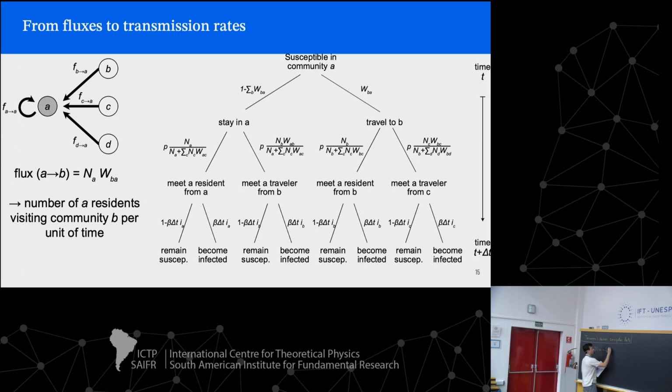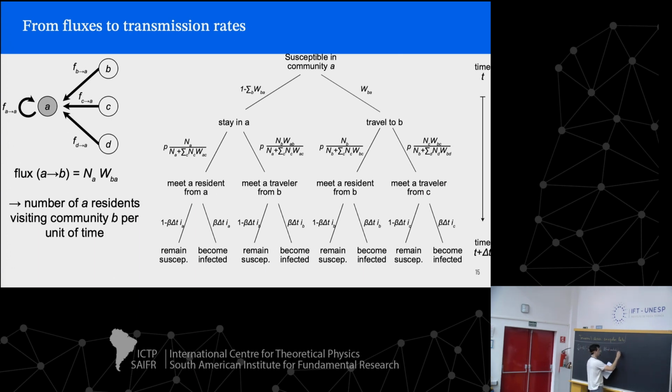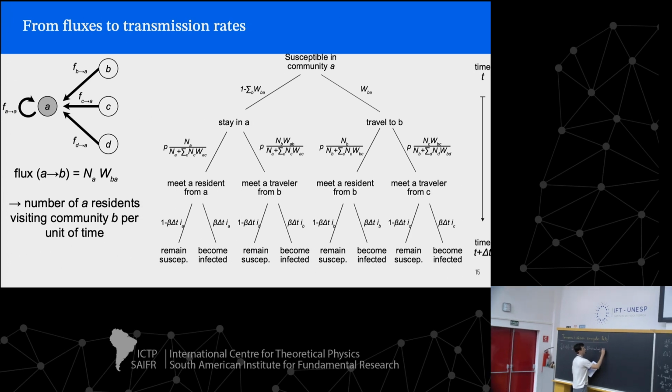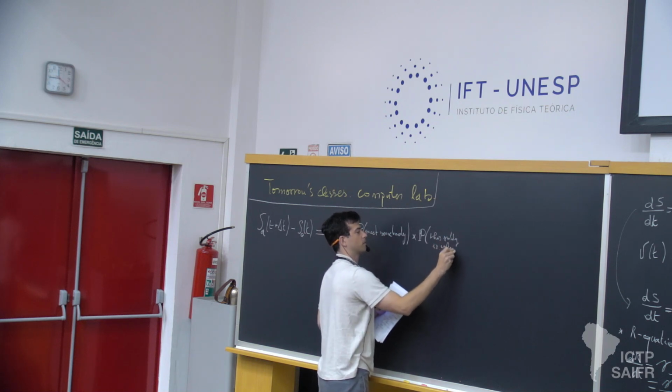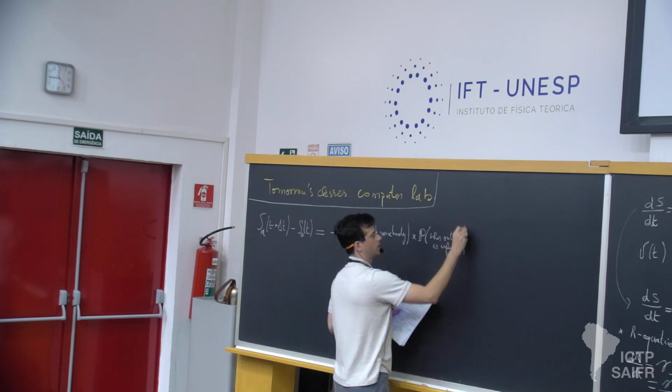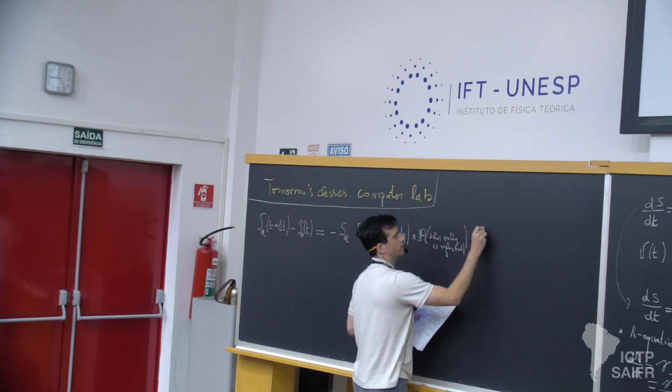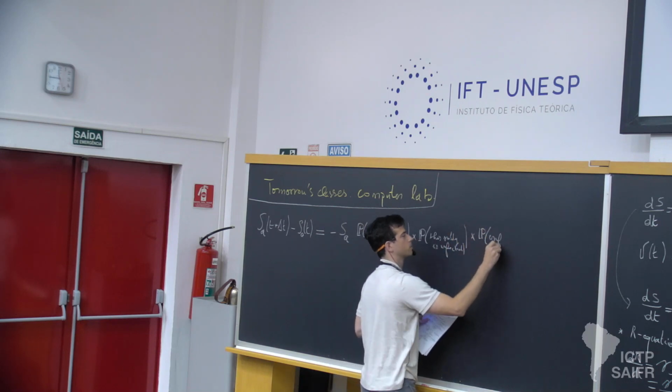So what is that? I would have the probability to meet somebody, as usual before, times the probability that this somebody is infected, and then times the probability that the infection occurs, right?